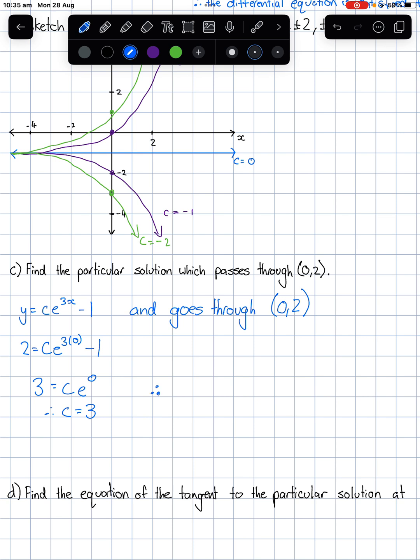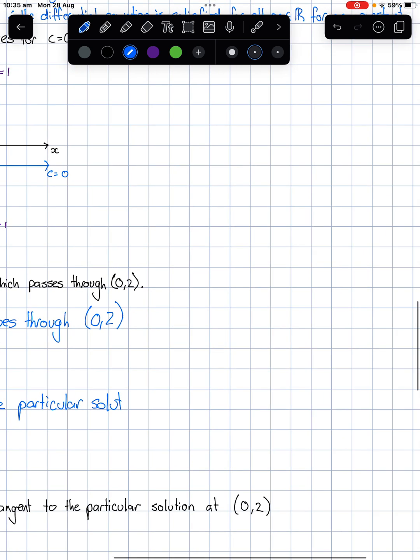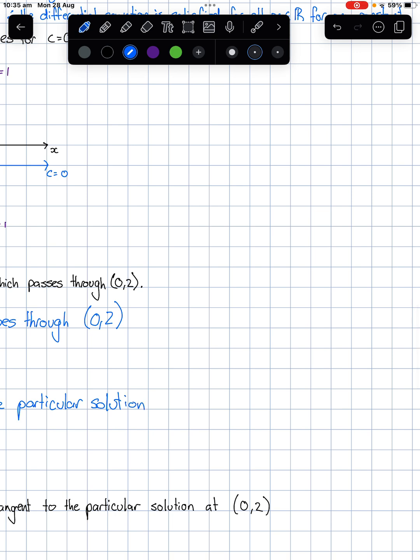Therefore, now this is where we're looking at a particular solution. The particular solution is going to be y equals 3e to the 3x minus 1, because we picked c equals 3.